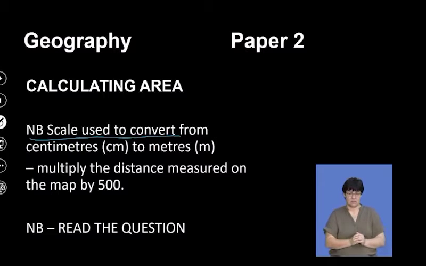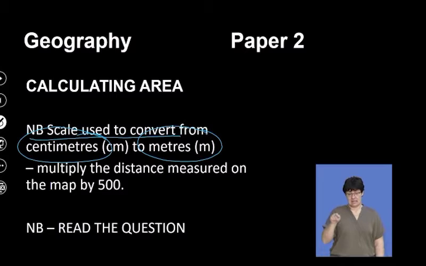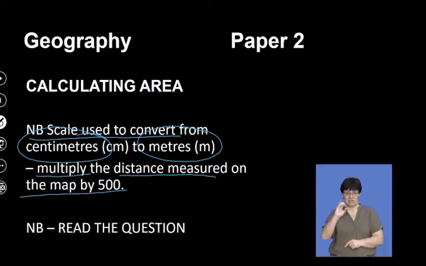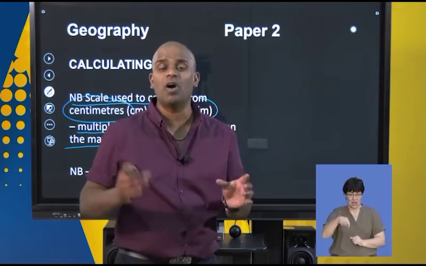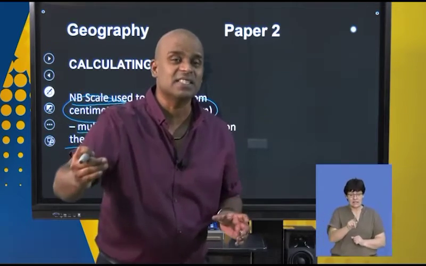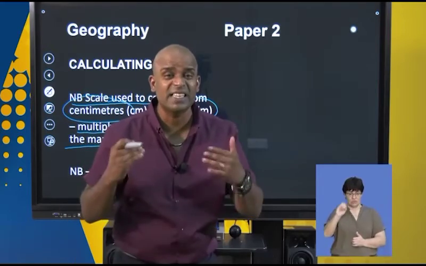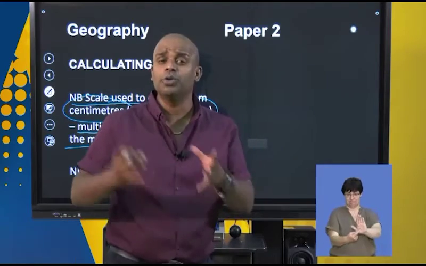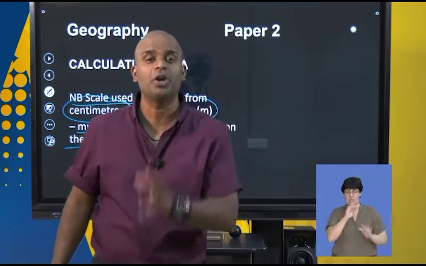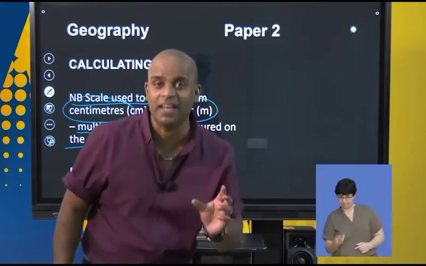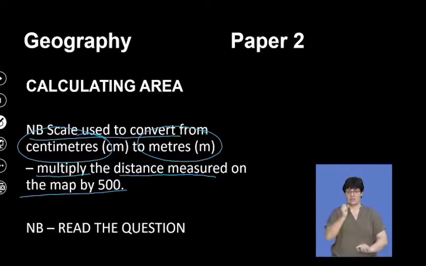When we're converting from centimeters to meters on the map, note the following. Multiply the distance measured on the map by 500. When you're working with 1:50,000 maps and you want your answer to be in meters, you've got to multiply by a scale of 500. Today's examples will show you how you use those scales and how we convert to achieve the final answer. Let's look at our first example.